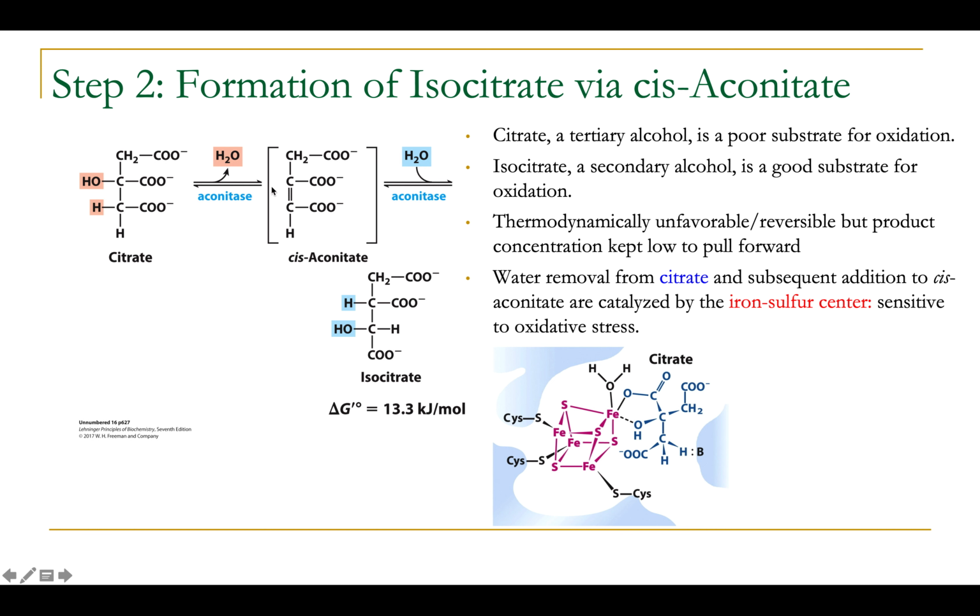The reaction occurs through the intermediate called cis-aconitate, and this is an unsaturated compound. So the reaction, which is catalyzed by the enzyme called aconitase, is actually a reversible hydration-dehydration reaction, thus converting these two isomers to one another.